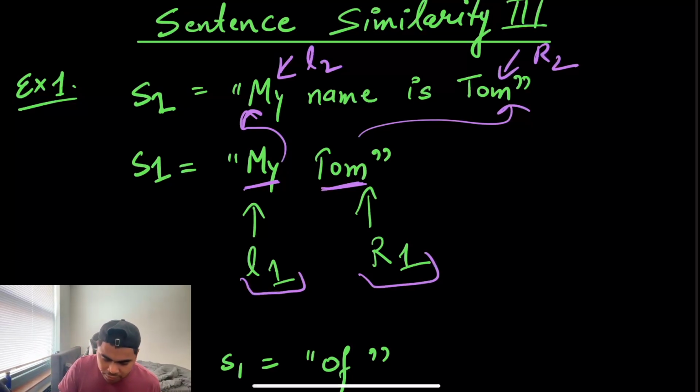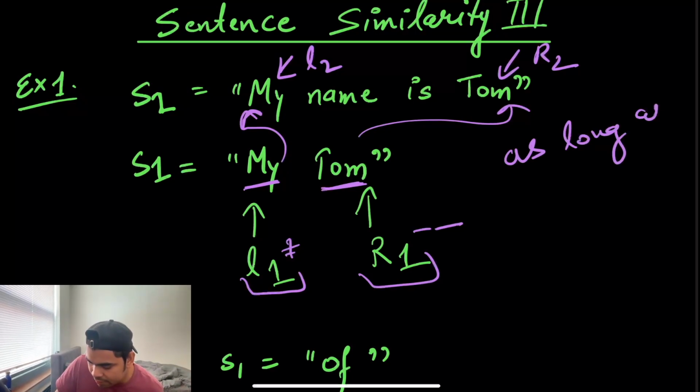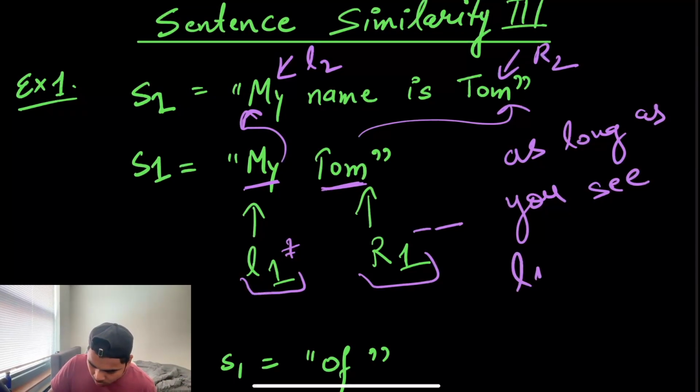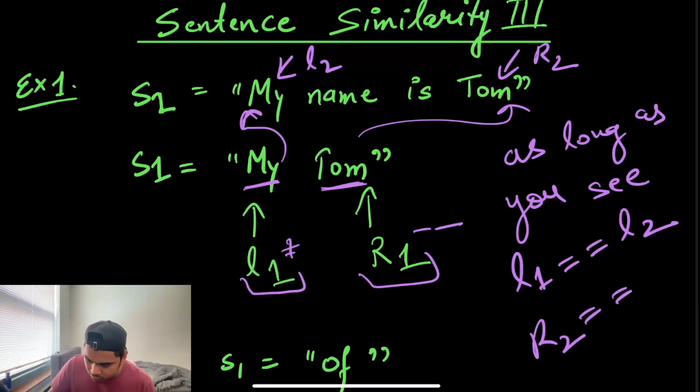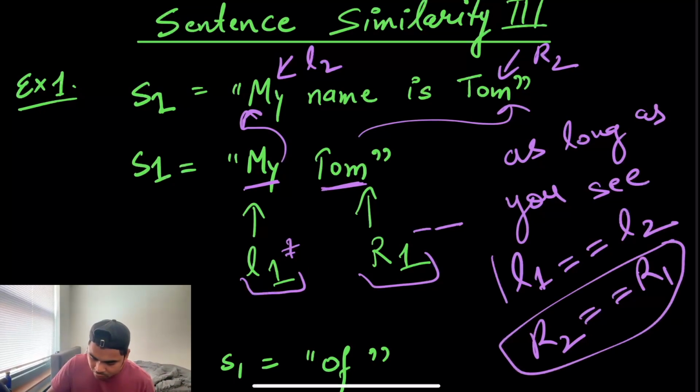So keep incrementing L1 and keep decrementing R1, and the same with L2 and R2, as long as you see L1 equals L2 and R2 equals R1, and we're going to keep doing it.